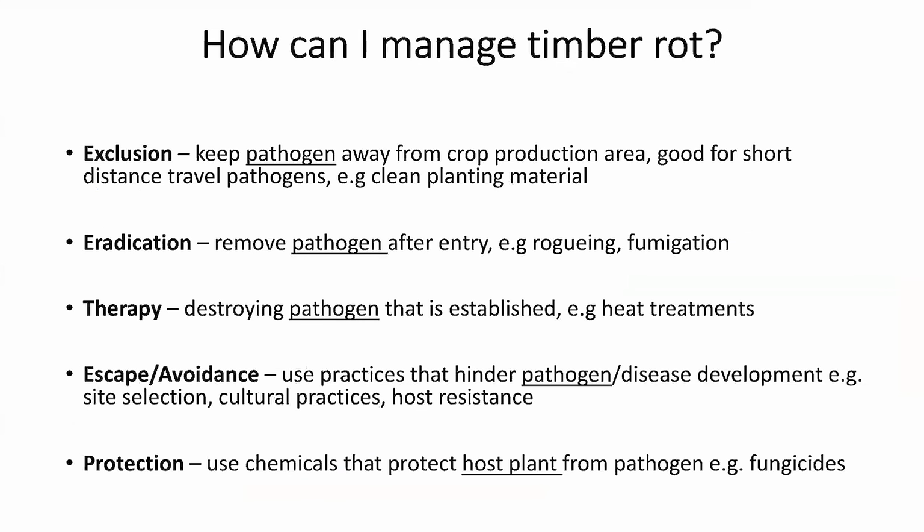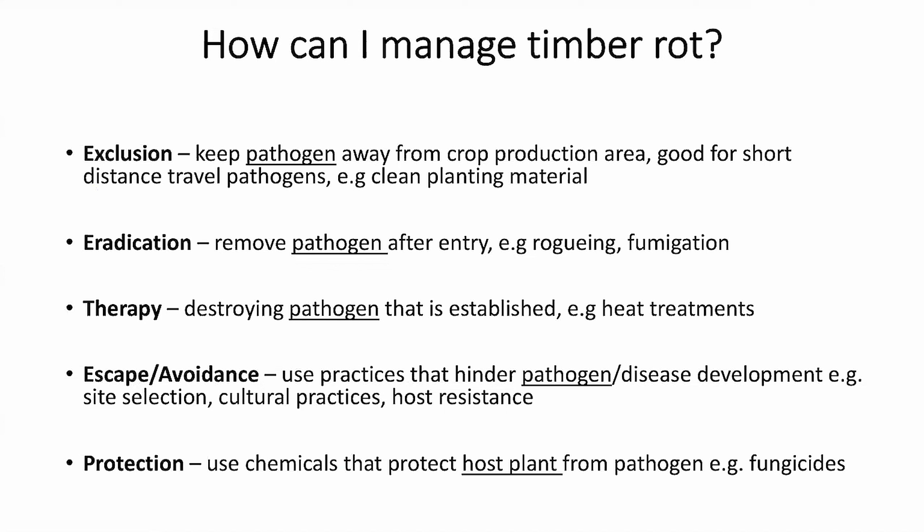With regards to management of timber rot, we have 5 principles for any disease, namely exclusion. This will refer to practices that are keeping the pathogen away from the crop production area, such as using clean planting material or pathogen-free seeds. Secondly, eradication. The pathogen somehow finds its way into your production area, and so you're removing it after entry. Practices such as roguing, which would be taking out diseased plants, or fumigation.